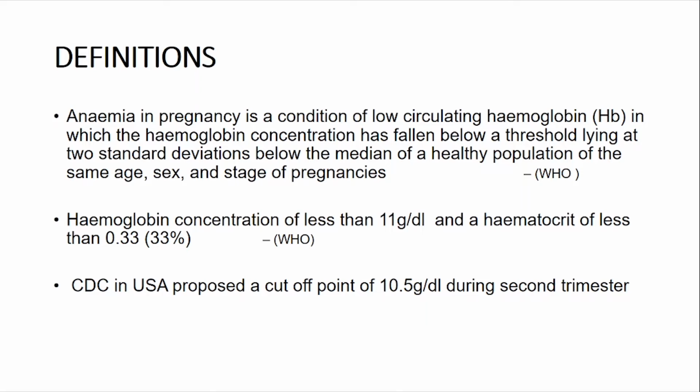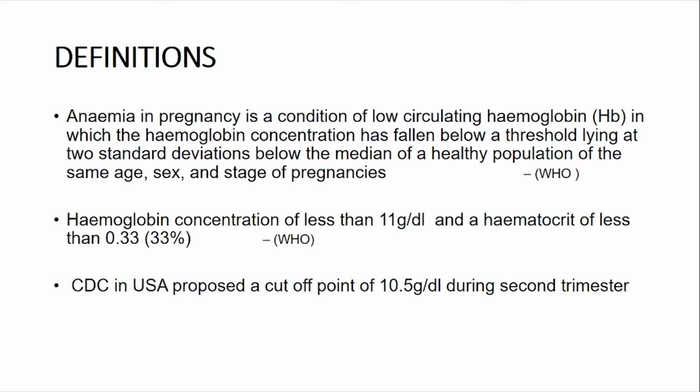Anemia in pregnancy has been defined by the World Health Organization as a condition of low circulating hemoglobin in which the hemoglobin concentration has fallen below a threshold, lying at 2 standard deviations below the median of a healthy population of the same age, sex, and stage of pregnancy.